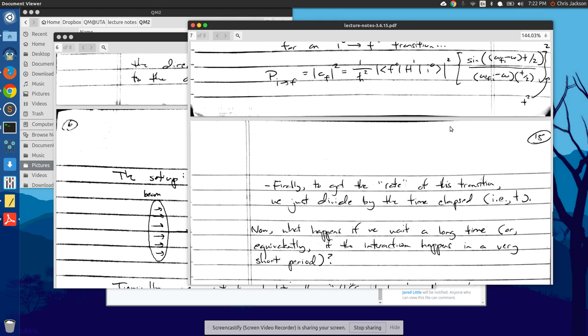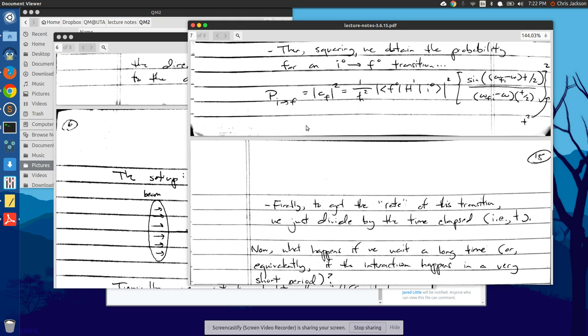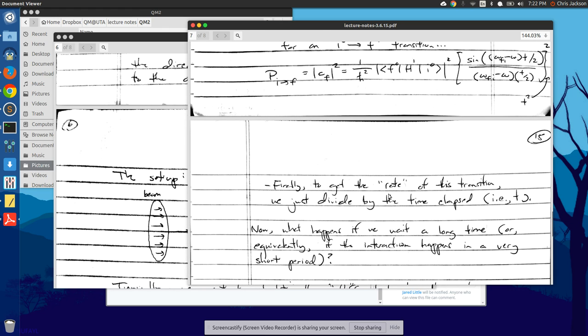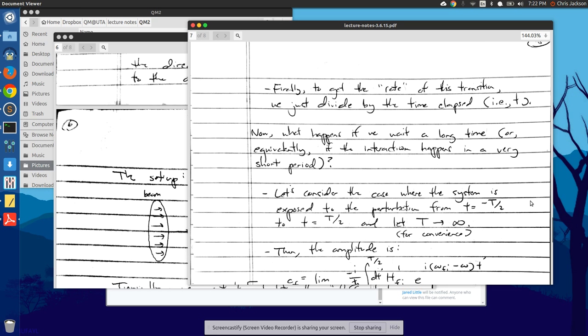And if we want to compute the rate, so typically what you're after is not just the probability, but the rate, the transition rate. So how fast do these transitions occur? We would just want to take our probability and divide it by time. Okay. But what Fermi said was, okay, well, what happens if we wait a long time, right? An equivalent way of thinking about this is that, what if the interaction happens for a very, very short period?